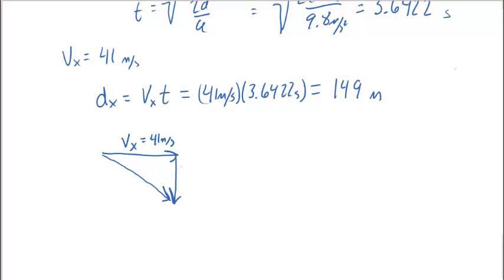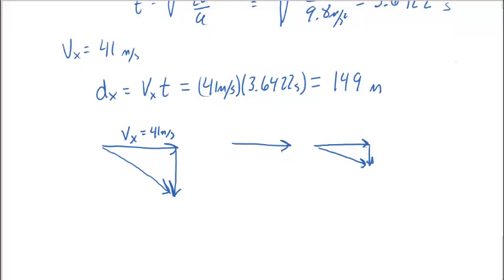Now the speed is changing over time. Initially, the cannonball only had a horizontal speed, and then it starts to gain a little bit of a vertical speed because gravity kicks in, makes it speed up in the downward direction, and the vertical speed keeps getting larger and larger, affecting its overall velocity.